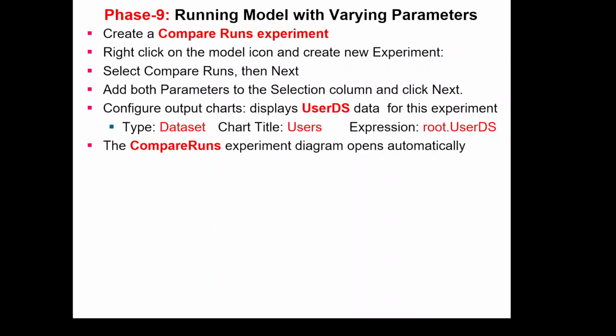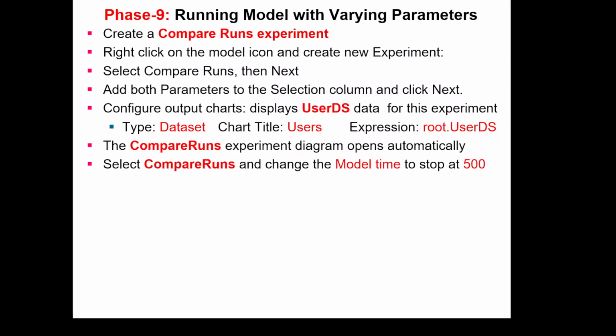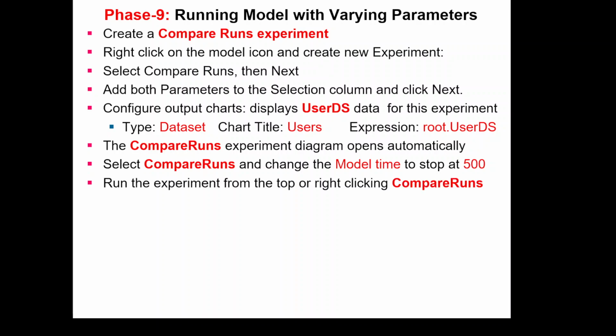Then we will see, when we run the experiments, how the different settings of the parameters that we change with the slider affect the product adoption process. We are going to run the model for 500 time units, and that's all for the steps.